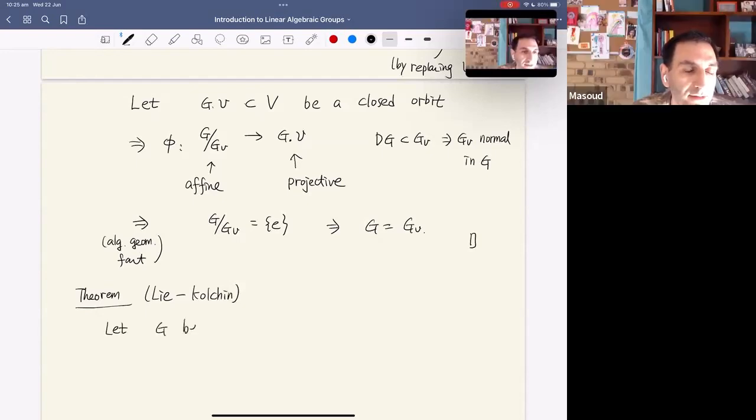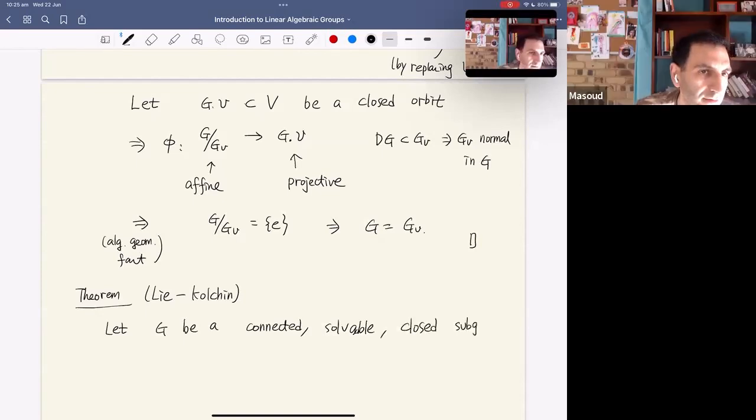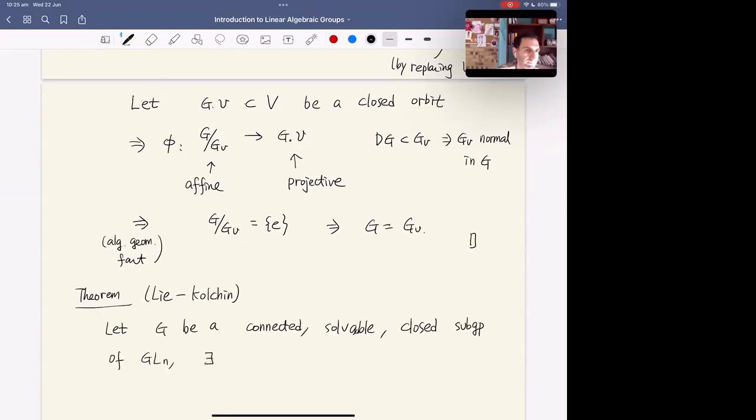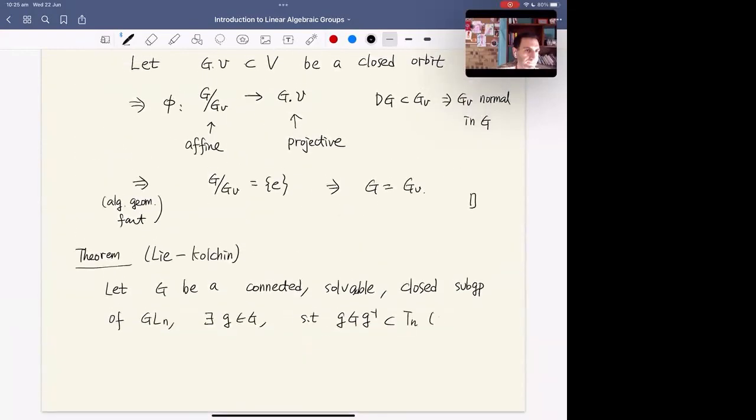So if G is a connected solvable closed subgroup of GL_n, then there exists some g so that it will conjugate G into upper triangular matrices.